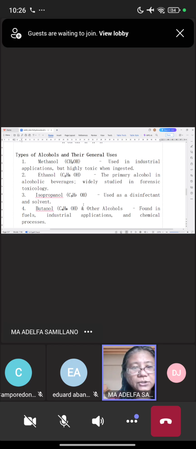So next is isopropanol or isopropyl alcohol. It says here it is used as a disinfectant and solvent. As I mentioned earlier, it is the main component of our rubbing alcohol. It is a very strong disinfectant, so it can kill bacteria.